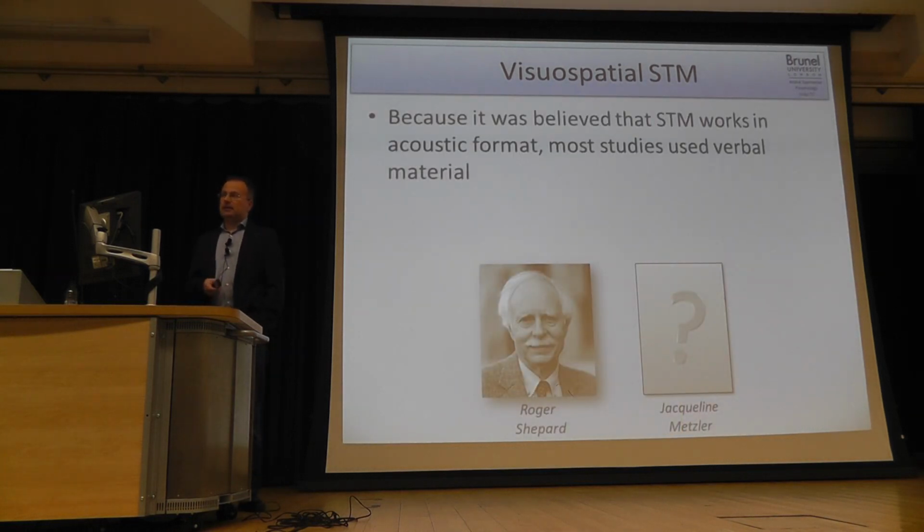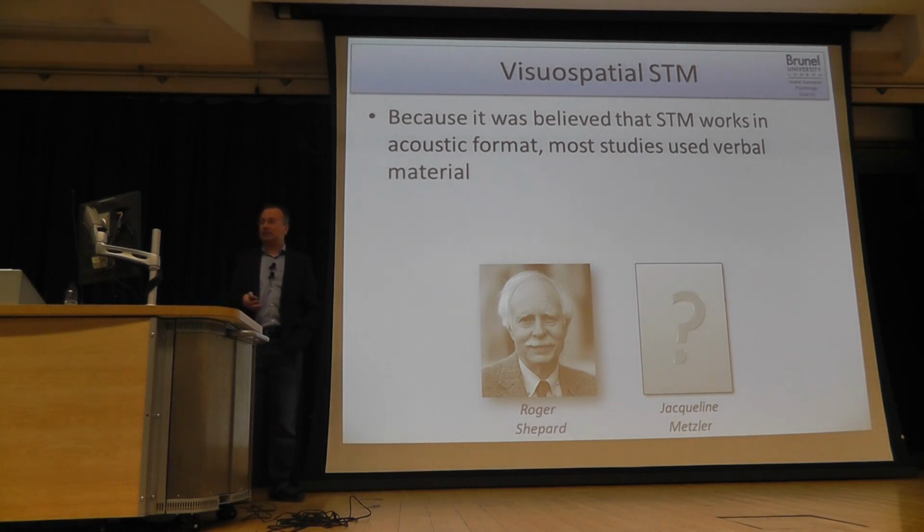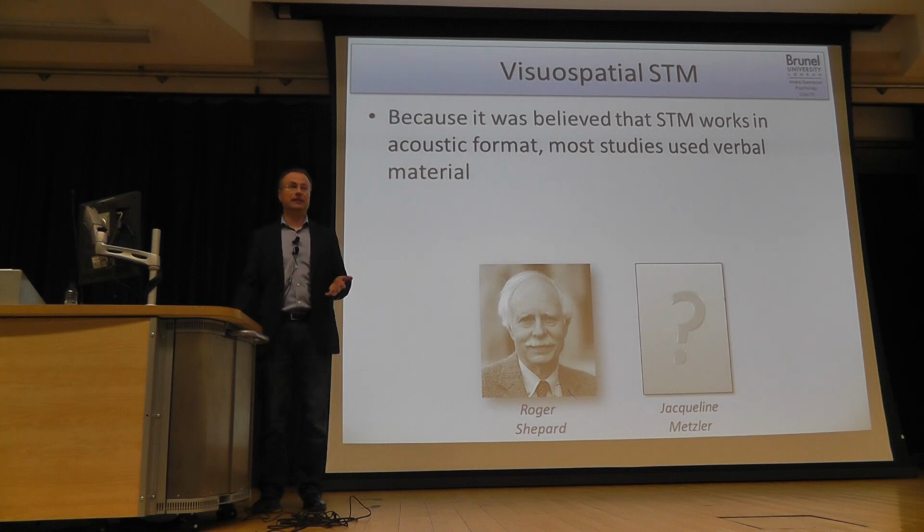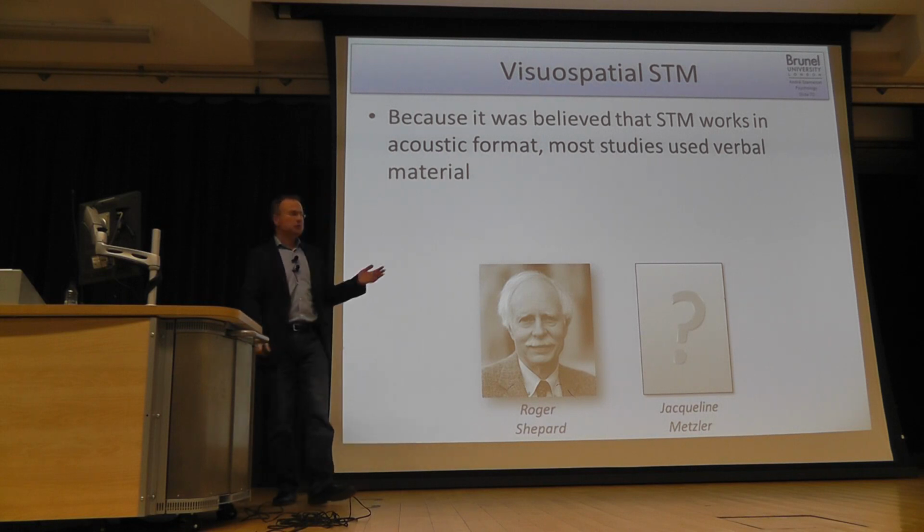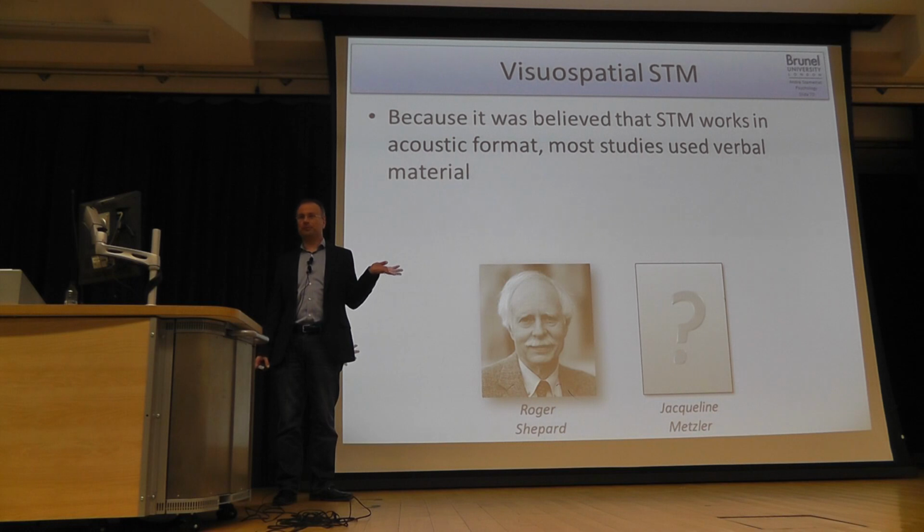And it was believed that short-term memory works in acoustic format, and it's very easy to investigate. So actually, when all the cognitive psychology arose, most studies just used verbal material.